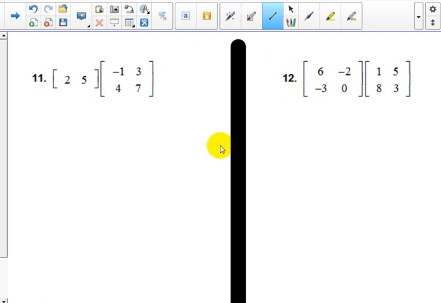Sure. Yeah, skip 11 and go to 12. Then we'll do 11 together. Good idea. And I'm putting your answers out here for those.